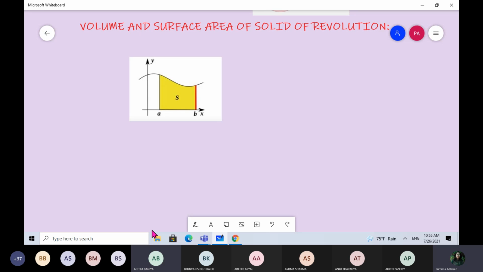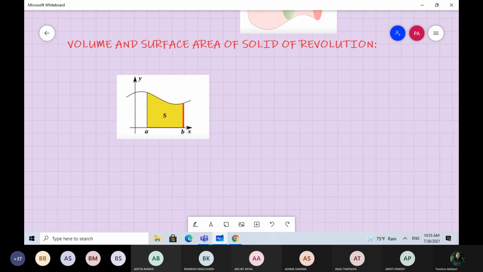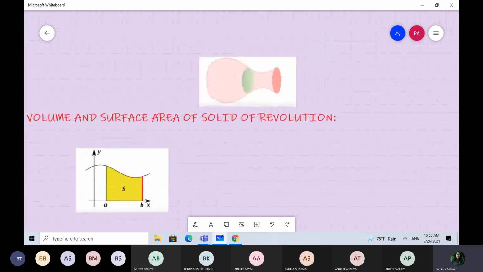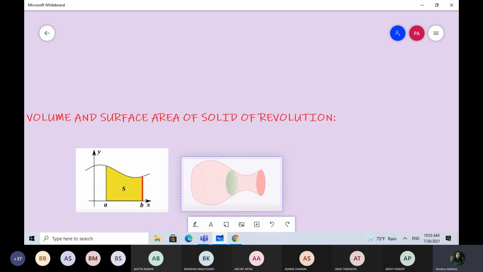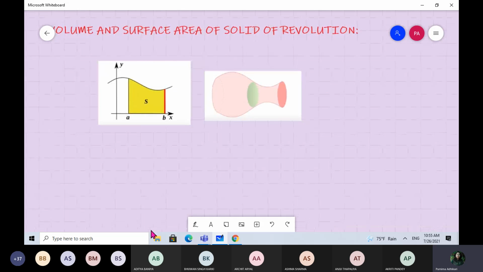Pot, ma'am. Ah, yes. You can say so. A flower vase, something like this. A pot, you can say, you can see it anyway. So if you rotate your curve, you are going to get this kind of solid surface.